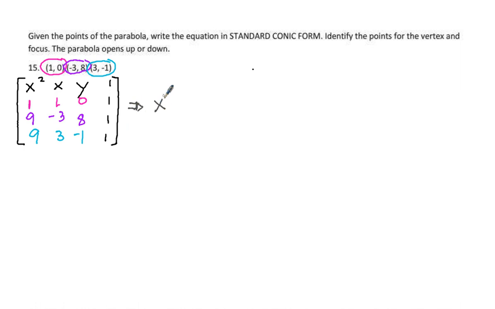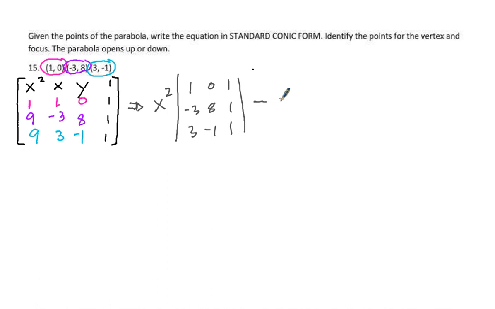We use the cofactor method, which means we do x squared times the determinant of what happens when I take away this column and this row. So I find the determinant of 1, 0, 1, -3, 8, 1, and 3, -1, 1.